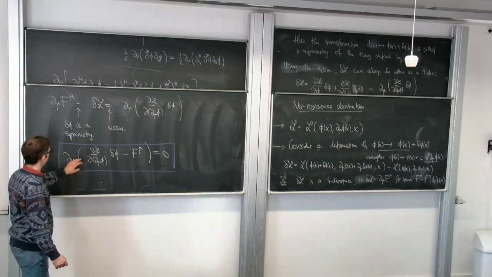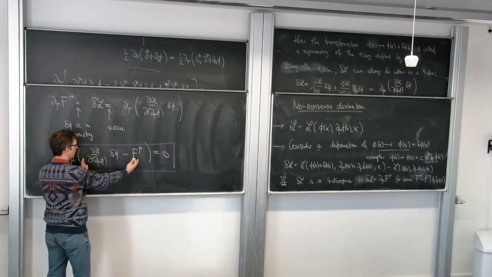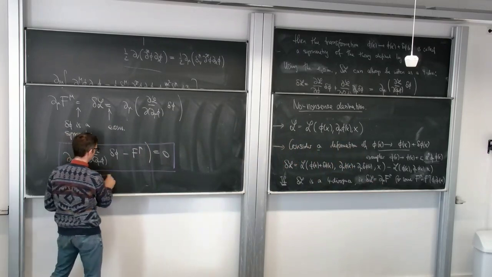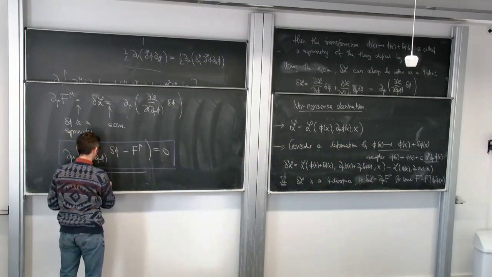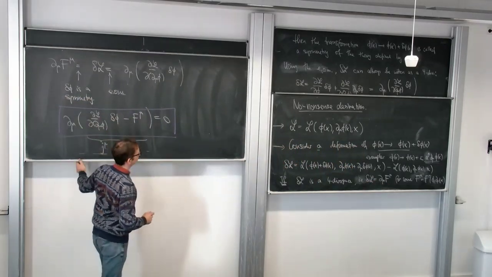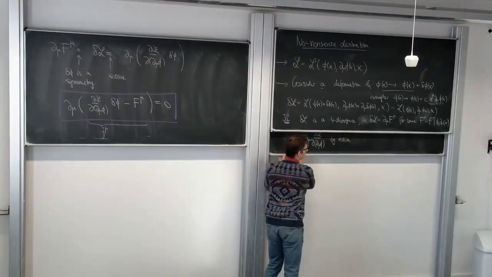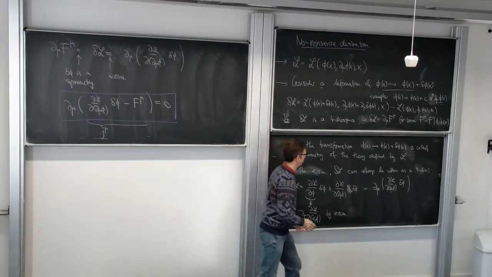And then this combination is divergence free. So then you call that object your current. And now we will try this out, if that works for the Klein-Gordon field.